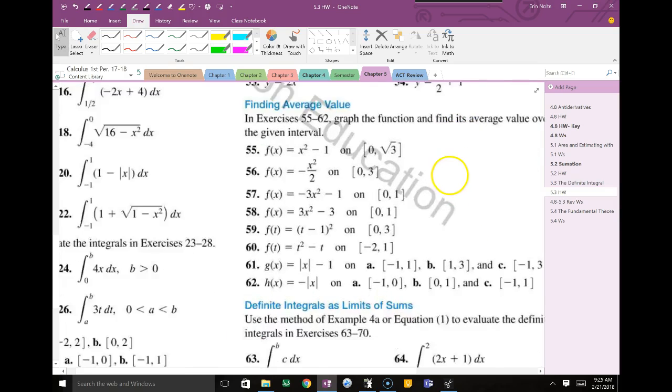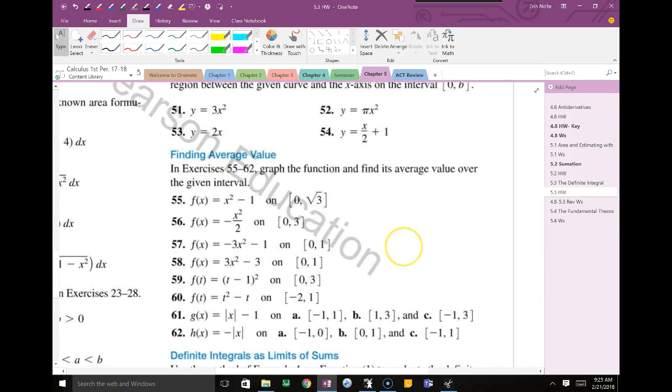And then this little section right here. The only difference on this little section is that instead of writing it in integral notation, we're still doing the same thing, but they're defining the A and the B using a different notation, right? So like for 56, the integral notation of this would just be the integral from what? From 0 to 3, yeah. And then what would my function be?